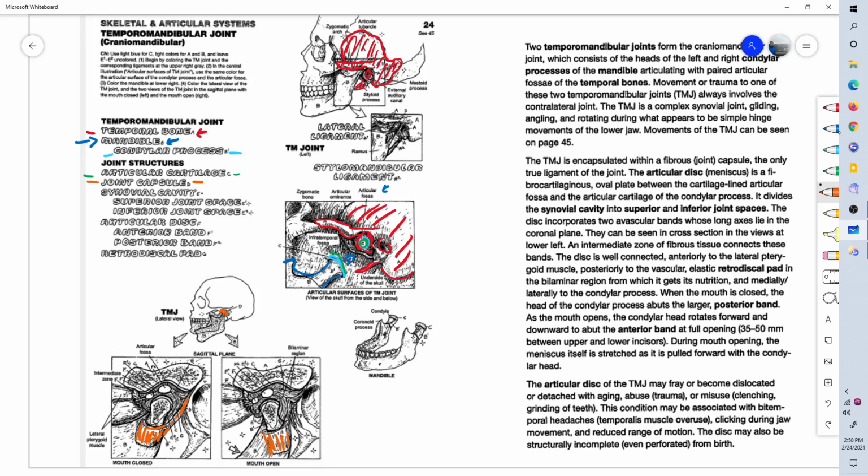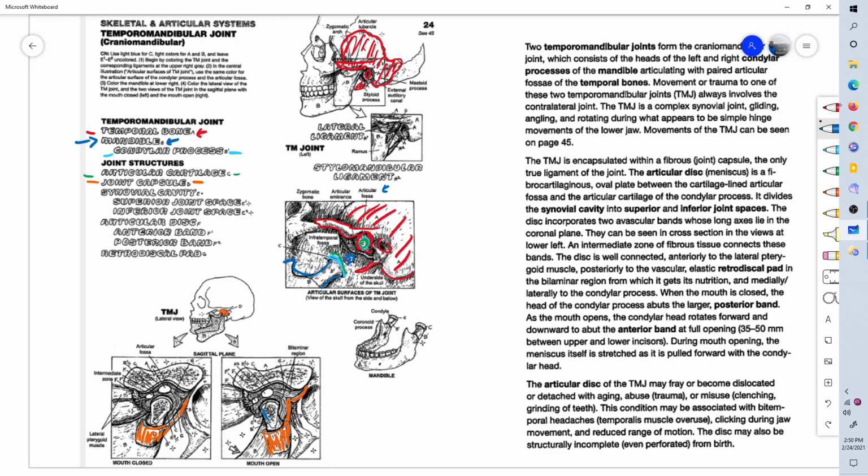The articular capsule, found in all synovial joints, surrounding, enveloping the entire temporomandibular joint. Of course, it's cut away here, so you can see the inside, and the piece of the mandible is cut away too.